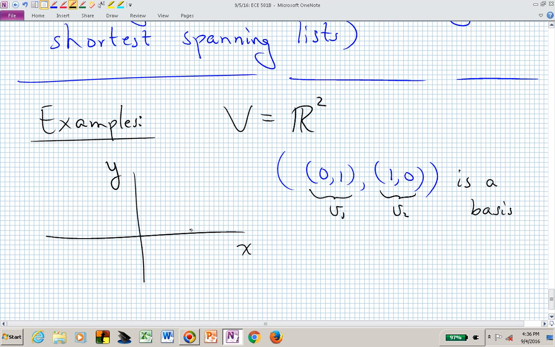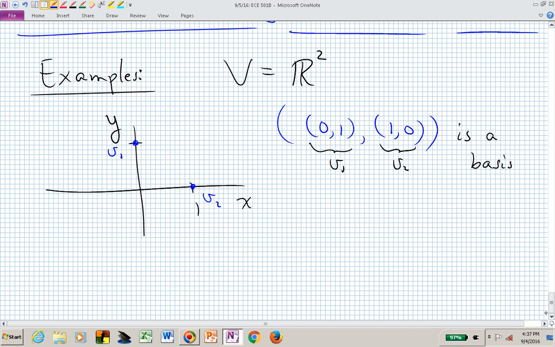In particular, v1 is now going to be, let's say, 0 in the x and 1 in the y. So there is v1, and v sub 2 is 1 in the x and 0 in the y.